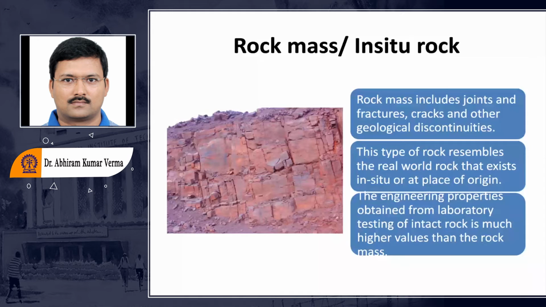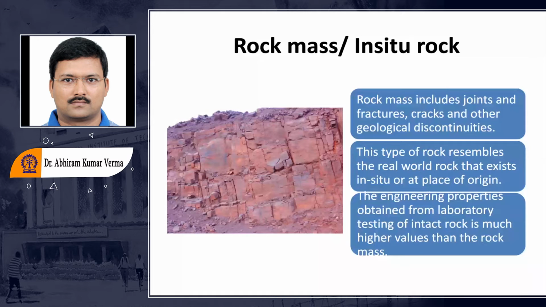That relationship we should understand, and for that purpose people are trying to find out the relationships. And how to find these relationships? Either we can do the experiment in the laboratory itself with some sets of joints, and find out the relationship between the modulus of elasticity of rock mass and the modulus of elasticity of the intact rock.